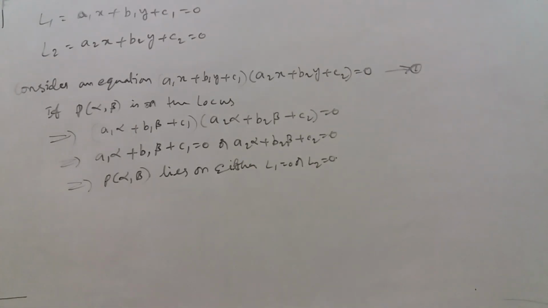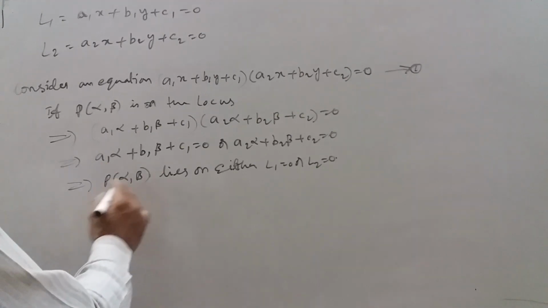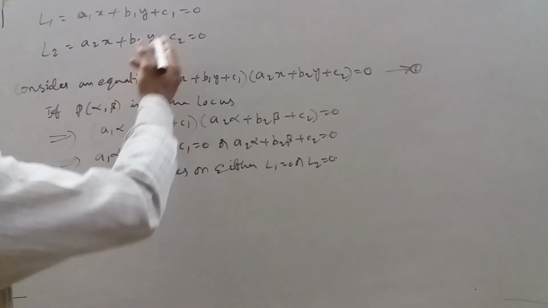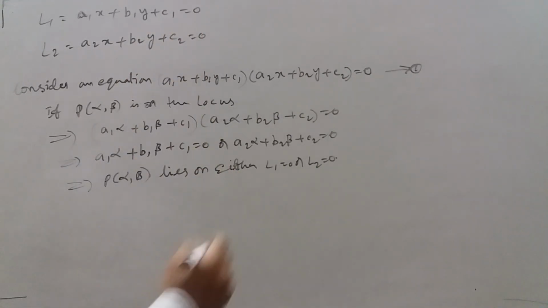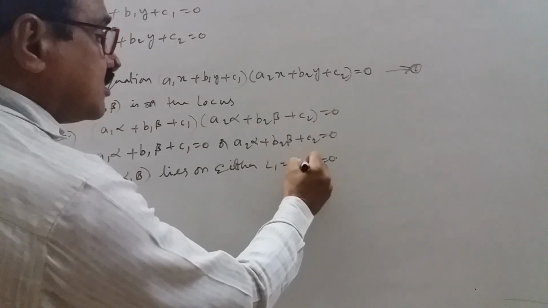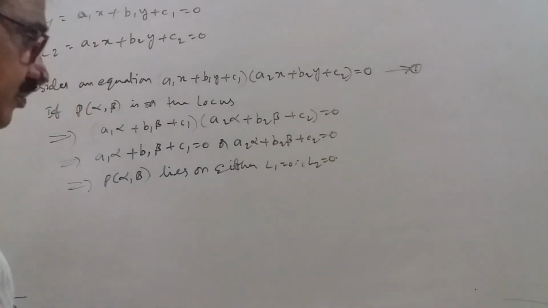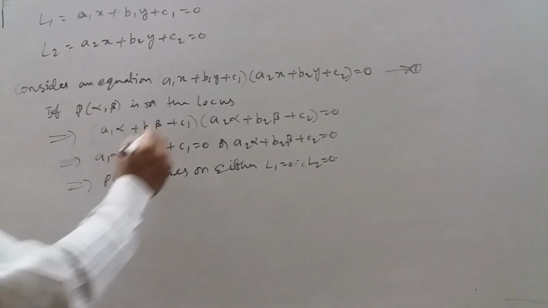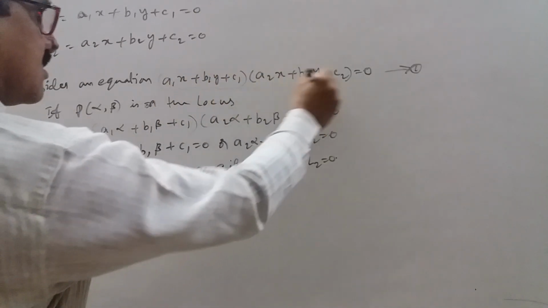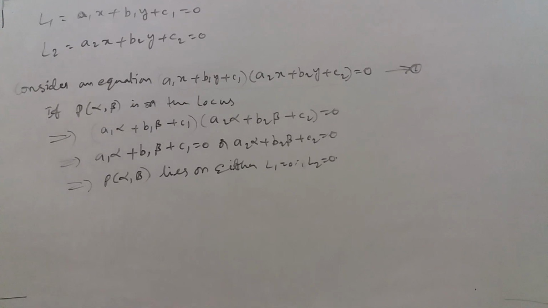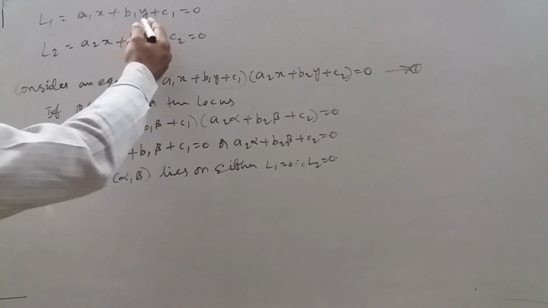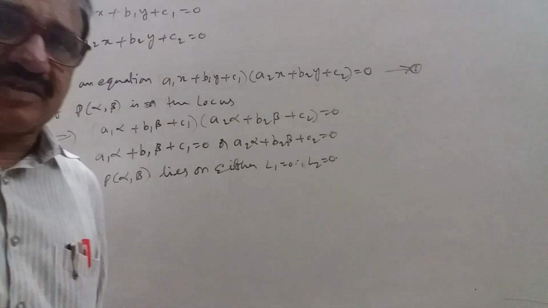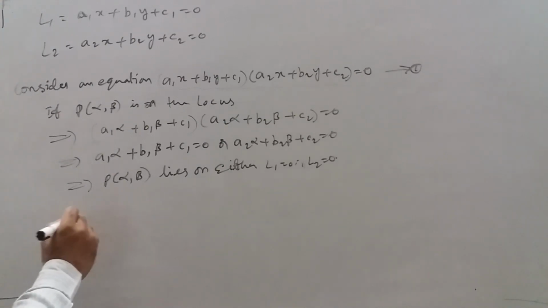Then we can conclude that P(alpha, beta) lies on either L1 is equal to 0 or L2 is equal to 0. So we can conclude that the locus of the point, the curve, is the combined equation of L1 is equal to 0 and L2 is equal to 0.